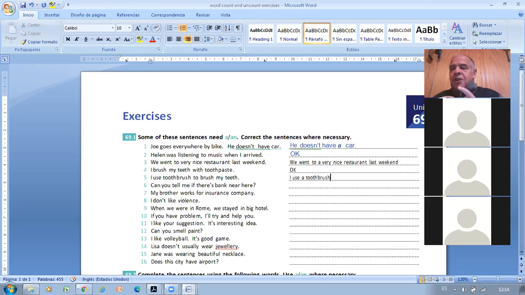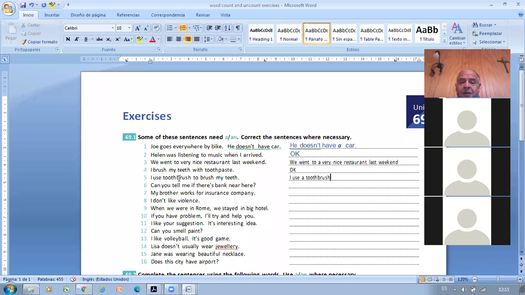So a toothbrush is the element that you use to brush your teeth. Yeah, you brush your teeth with a toothbrush. Okay, so toothbrush is countable. You can say I have 1, 2, or 3 toothbrushes, right? Because it's an element.